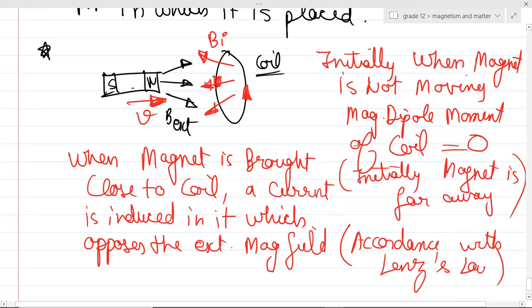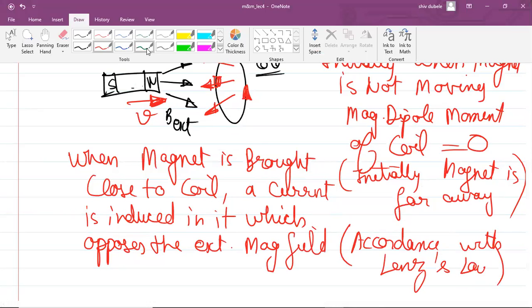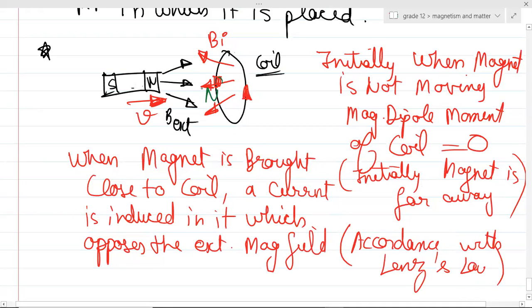Now due to this, if the magnetic field of the coil is coming in that direction, then a north pole will develop on this side and this side will be the south, right? So the magnetic moment of this coil is in this direction. Can you see a magnetic dipole moment getting induced in this direction?